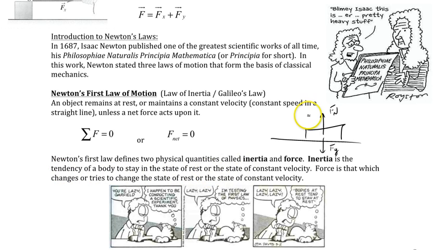Whether it's at rest, it wants to stay at rest, or whether it's moving at a constant velocity, it's going to continue moving at a constant velocity. The more mass you have, the more inertia, the more sluggish you are, and the harder it is to change your state of motion. So there are all sorts of examples that demonstrate the law of inertia. Can you think of a few?